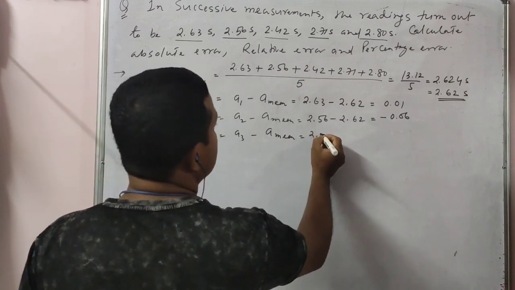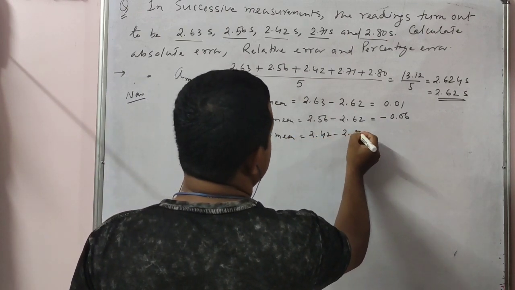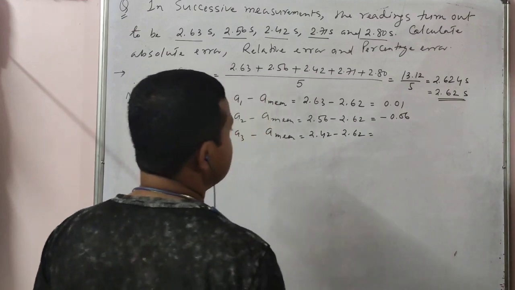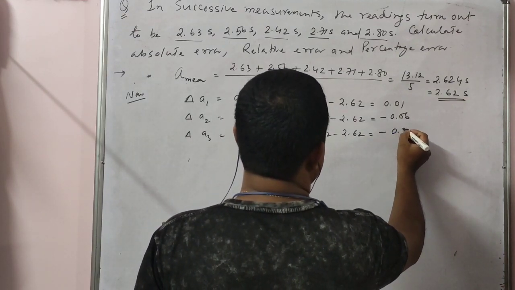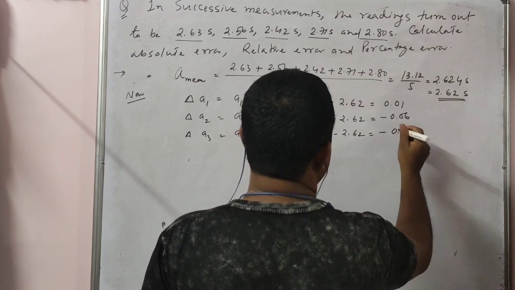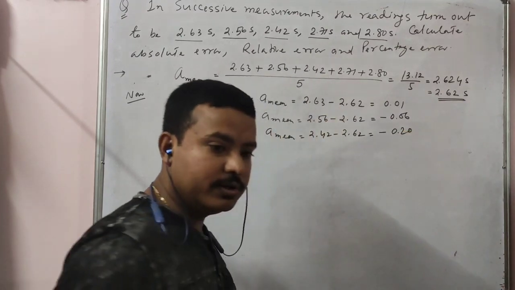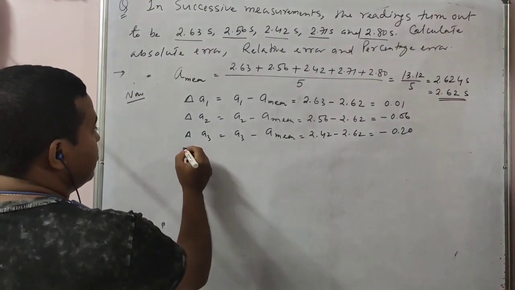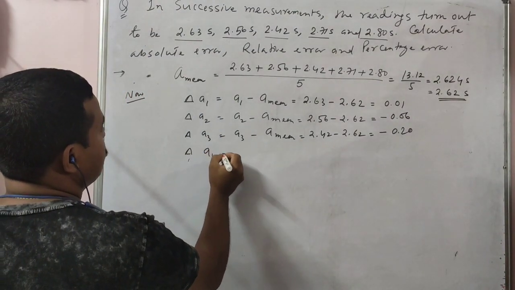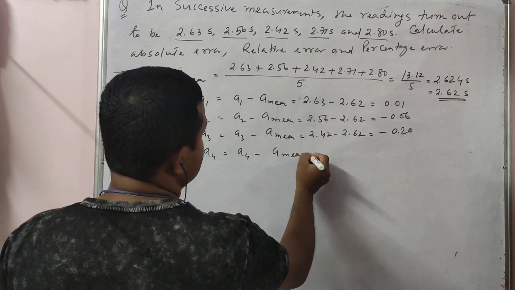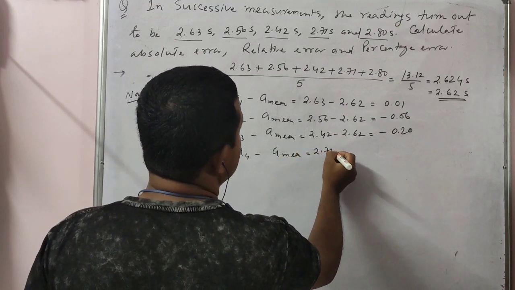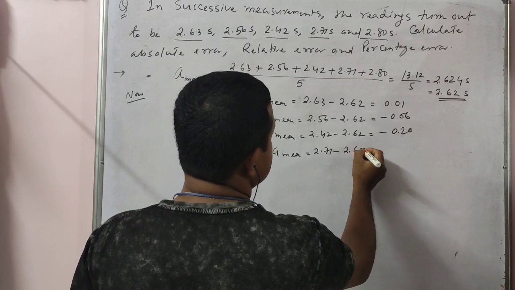So 2.42 minus 2.62. It will be minus 0.2. Then delta A4 is A4 minus A mean. So it is 2.71 minus 2.62.